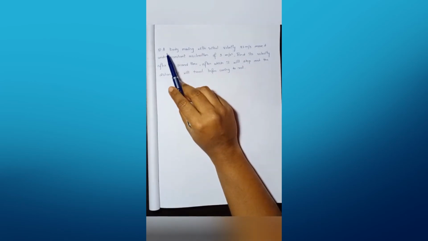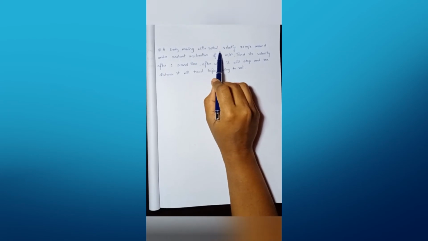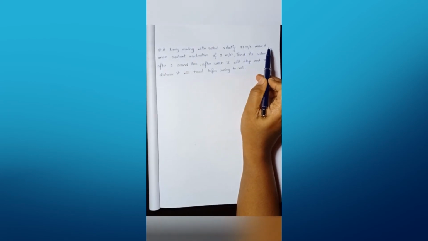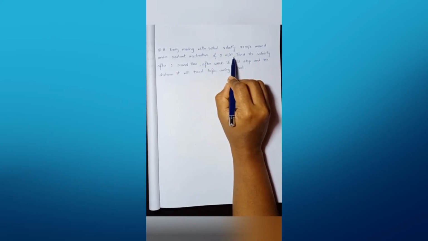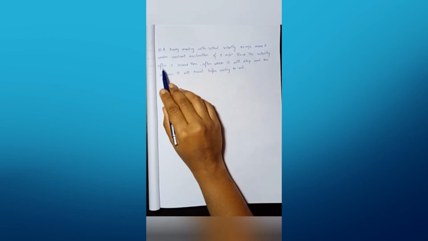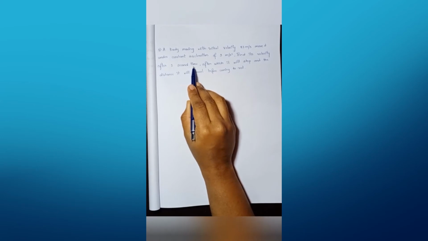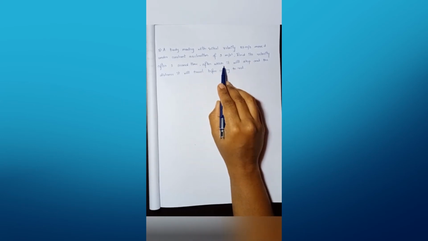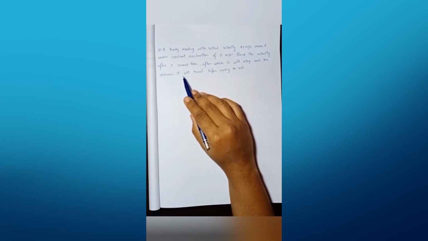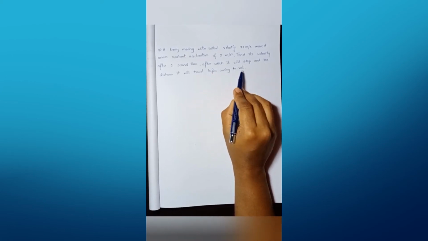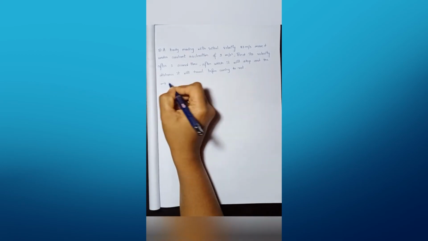Let's read it out. A body moving with the initial velocity 83 meter per second moved under constant acceleration of 3 meter per second square. Find its velocity after 2-second time, after which it will stop, and the distance it will travel before coming to rest. Okay, so what are the given things in this problem?